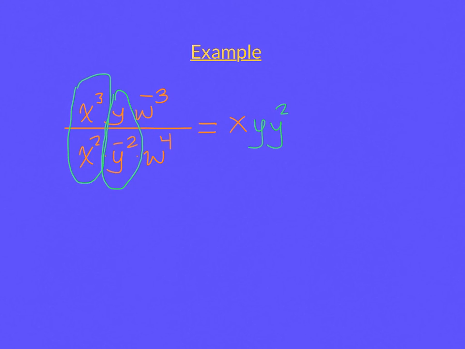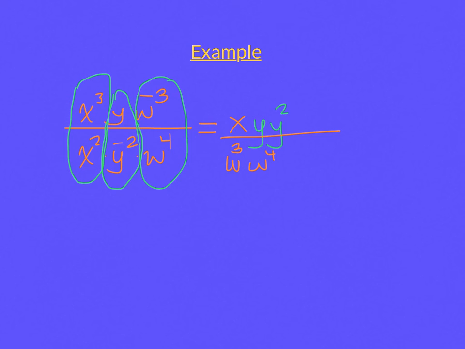And then if we look at the w's, I've got a w on the numerator with a negative 3. That's saying bring those to the denominator. And so what do I have here? I'm going to bring 3 w's down, and I already had 4 down here.